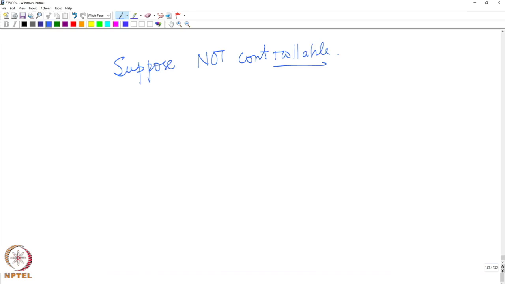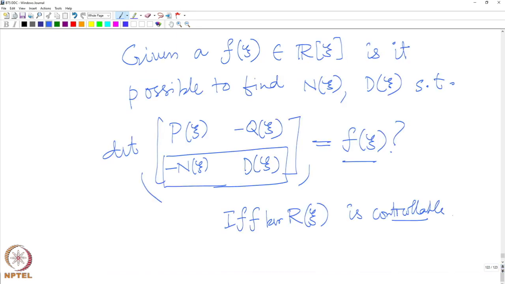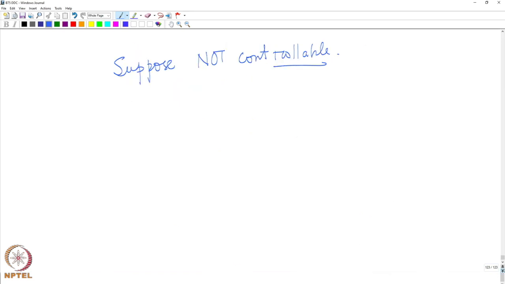Restating this statement, what we are saying is pole placement possible if and only if controllable. What we are showing now is this direction: pole placement implies controllability. It is possible to do arbitrary pole placement, implies controllability.